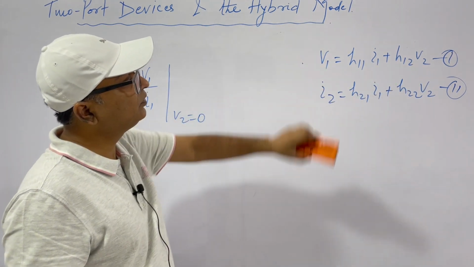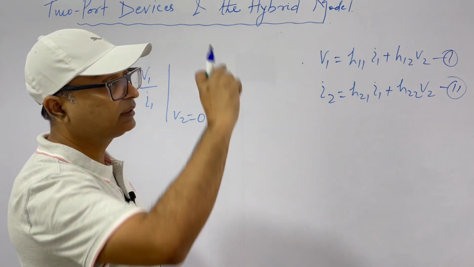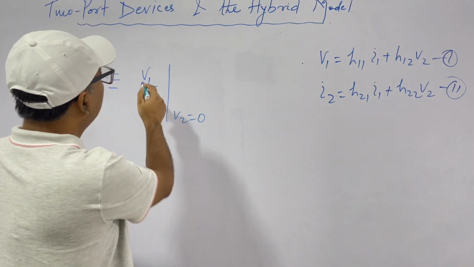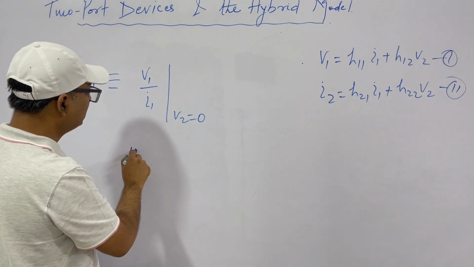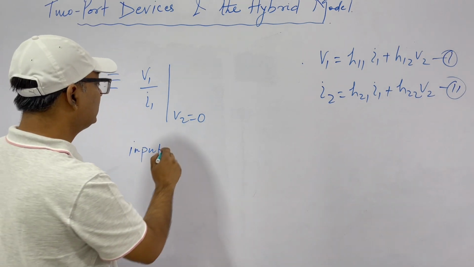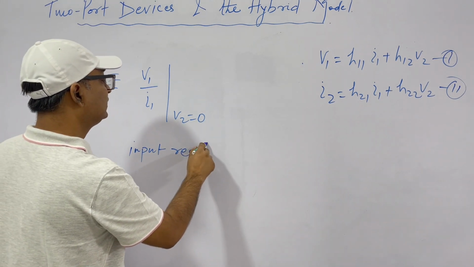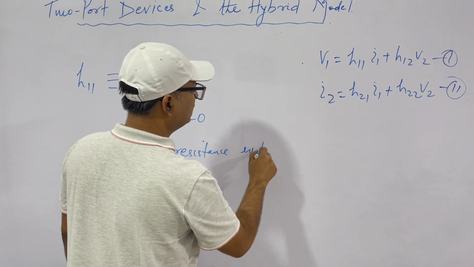And what is the meaning of V2 equal to 0? V2 equal to 0 means short circuit. The second port has been short circuited, therefore voltage is 0. And V by I is resistance. Therefore, this is input resistance. If you say the first port is input, then this is input resistance with output short circuit.